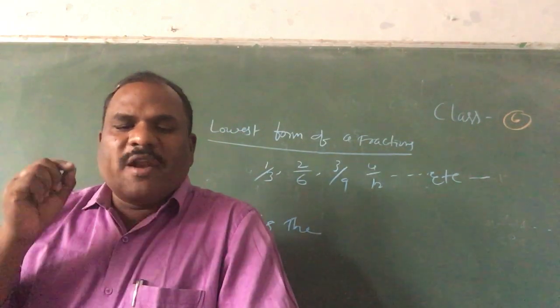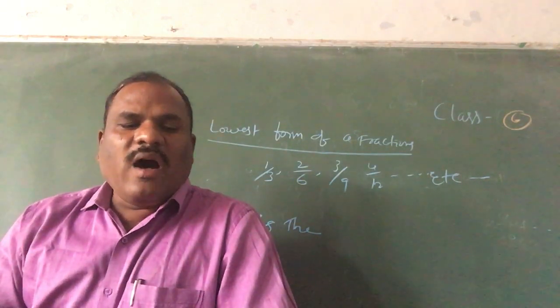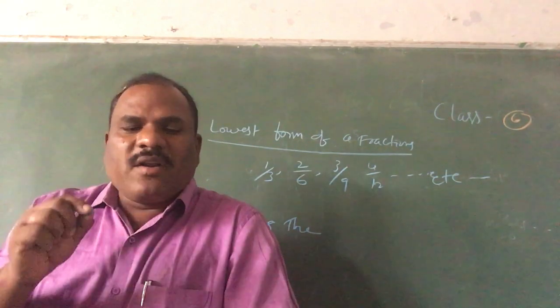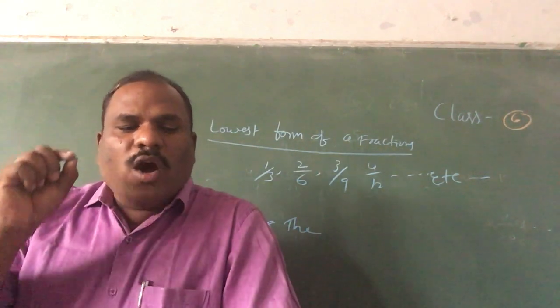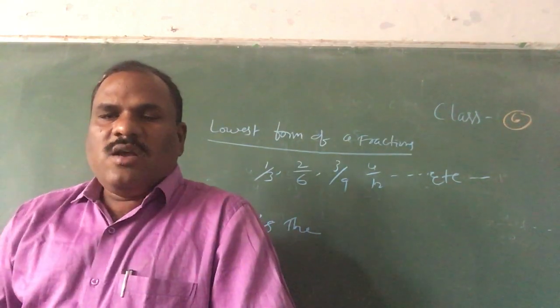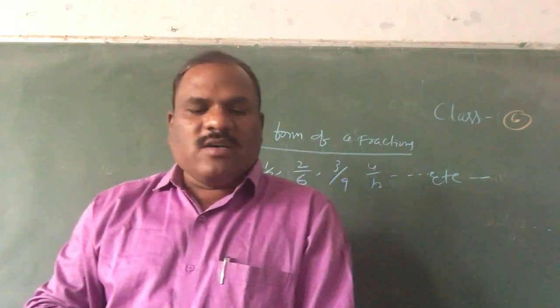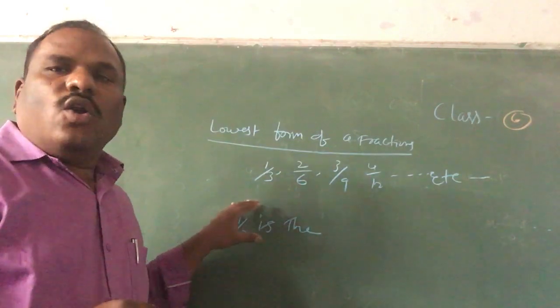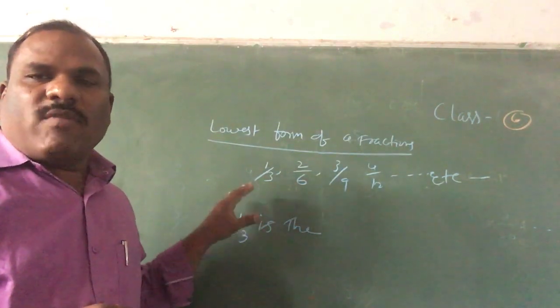Because the numerator and denominator are in lowest terms and do not have any common factors. So this is called the lowest form of a fraction or standard form of a fraction.